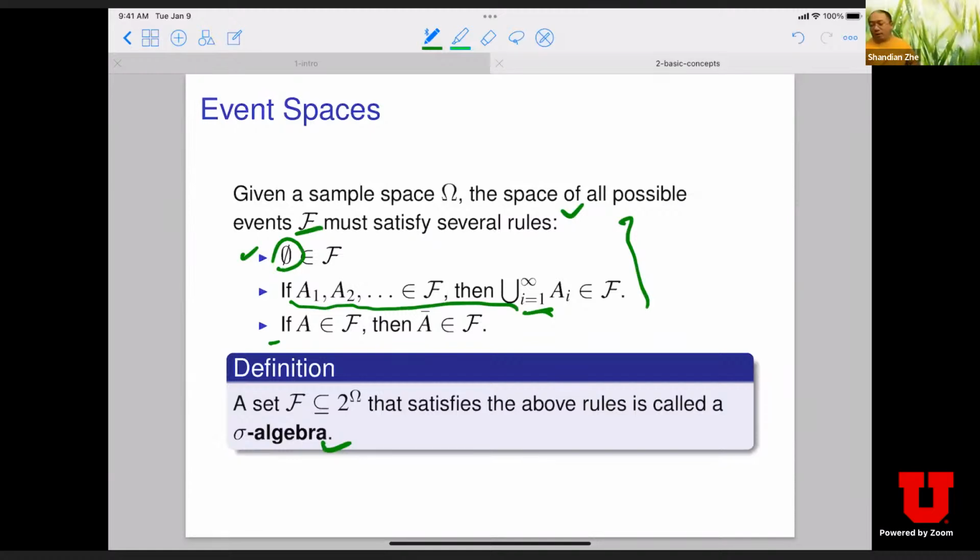And this is called sigma algebra. Just to give you a sense, you won't need to prove or compute anything with sigma algebra; it's just a conceptual definition. Any questions so far?